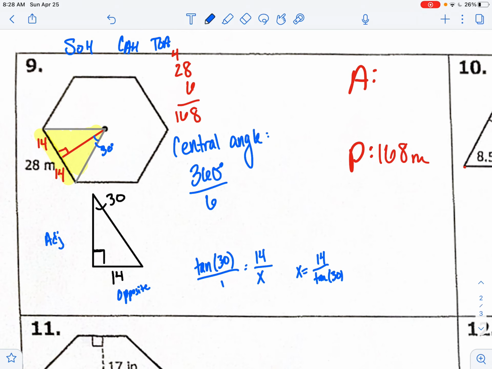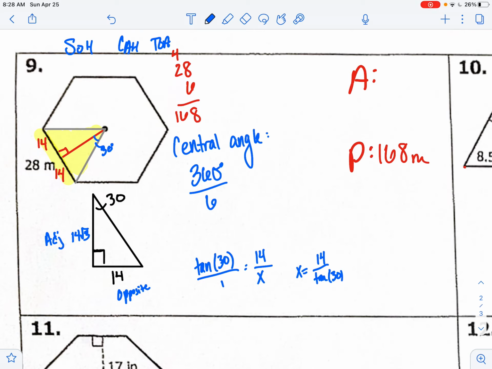which is 14 root 3, if you remember your special right triangles. Or if I multiply 14 by the square root of 3, let me grab a calculator really quick. I get 24.25.